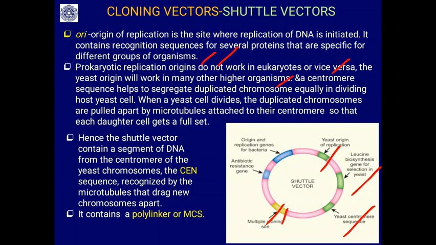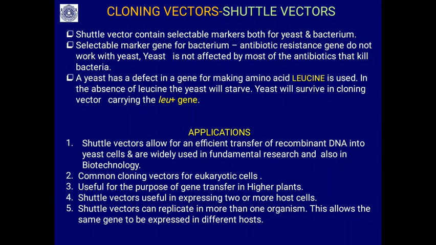Then there is the origin of replication for bacteria and the antibiotic resistance gene, AmpR or ampicillin resistance, the selectable marker if we grow this vector in the bacterium. So the shuttle vector contains selectable markers both for yeast and bacterium. The selectable marker gene for bacterium, an antibiotic resistance gene, does not work with yeast.